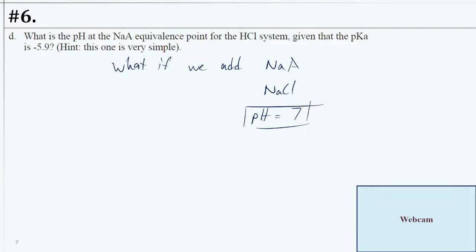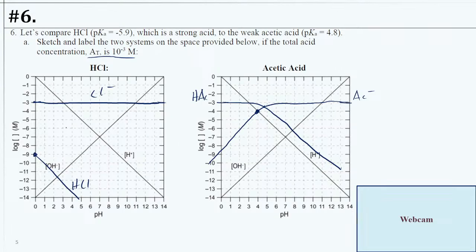If we go back and look at the graph, I know some people, like I said earlier, made a mistake on this graph. It's unfortunate, but our typical way of defining where we find the NaA equivalence point doesn't quite work for this graph, because this is definitely not the correct pH.